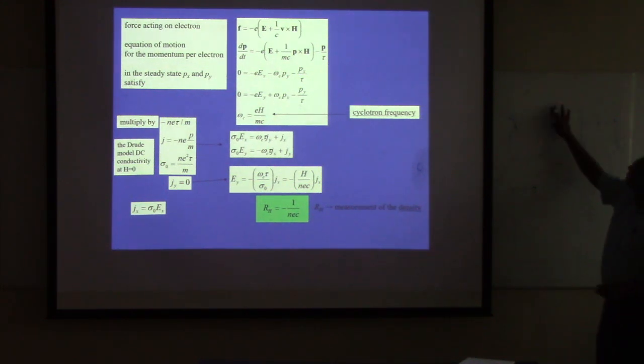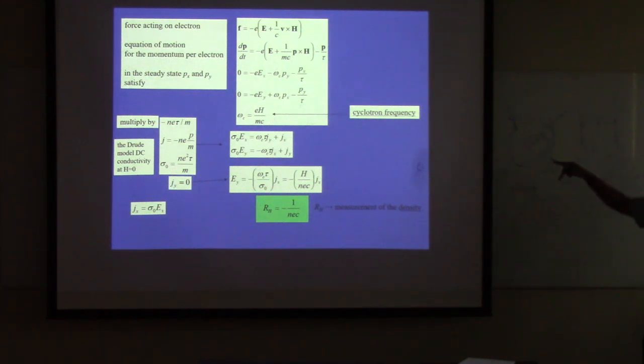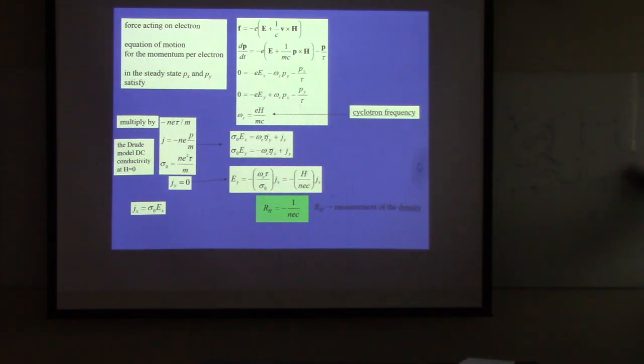You pass current from here to here, then measure the voltage across this one with the magnetic field on like that. Is that clear? So this is called the Van der Pauw geometry. This is the real Hall probe. This is also very important. A lot of people miss these details.